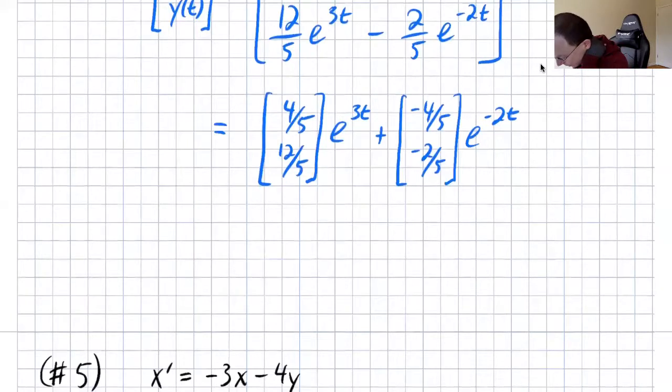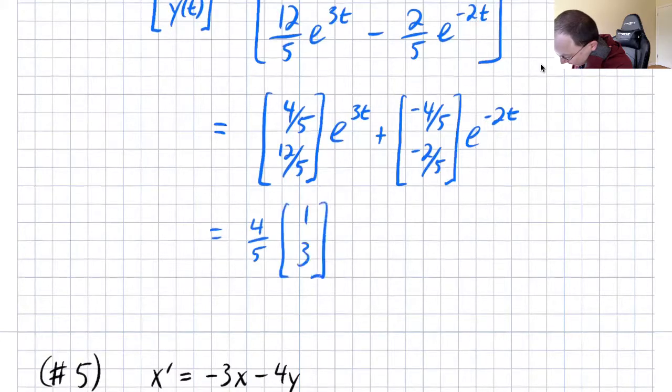I might want to factor out another constant that's in common. 4 divides out here, so I can divide this by 4 over 5, and I get 1 and 3. And then here I'm going to divide out by the 2 over 5, and that gives me the vector 2 and 1.